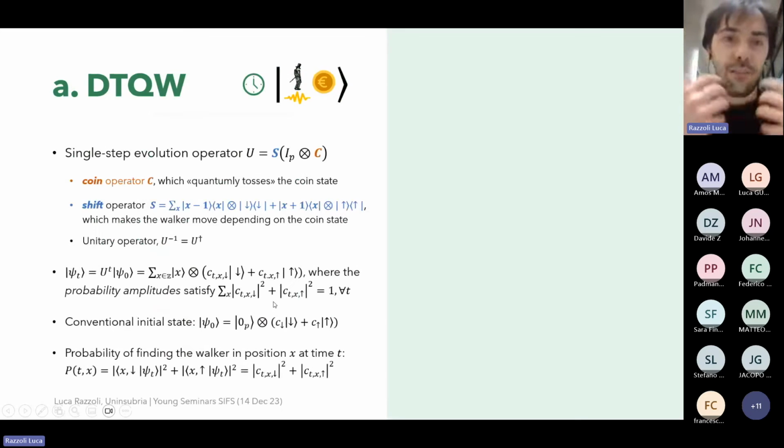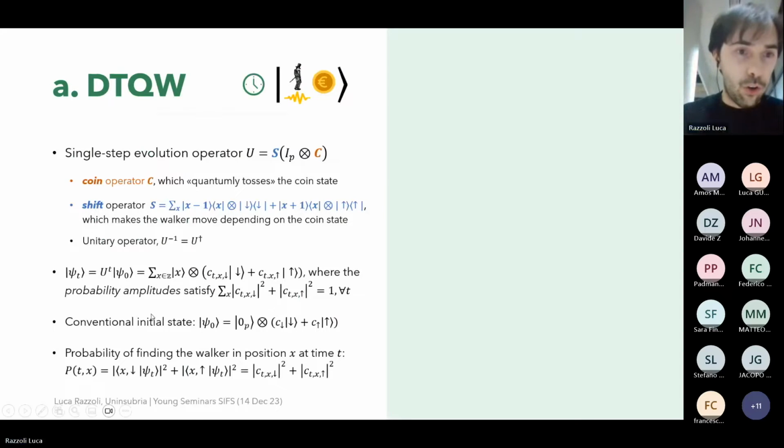The evolution is defined by the single-step evolution operator, which comprises two operators, the coin operator and the shift operator. Then the evolution is obtained by repeatedly applying this operator to the initial state, and then the probability is obtained by summing the squared moduli of the probability amplitudes.